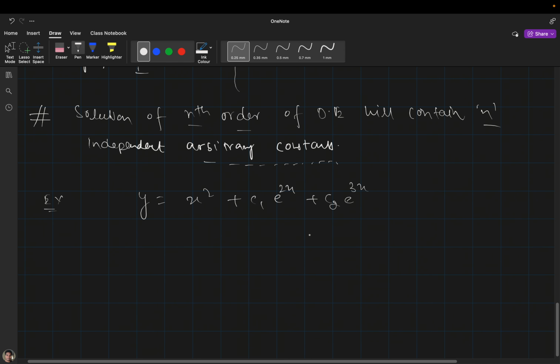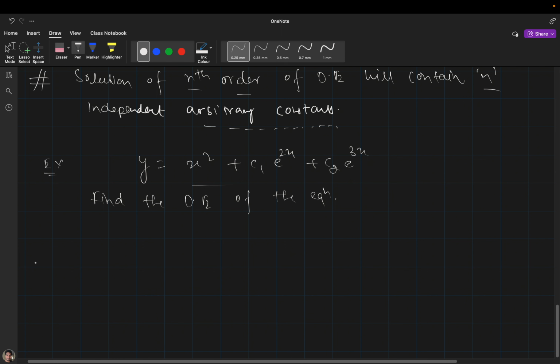Now someone wants you to find the differential equation of this equation. Then the first step, you need to find the number of arbitrary constants.